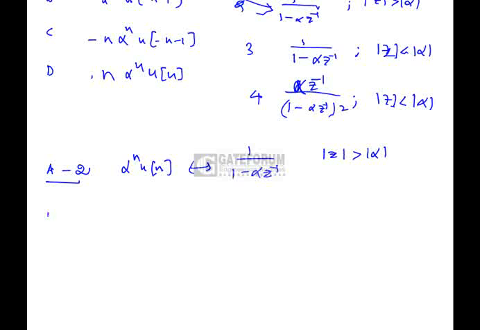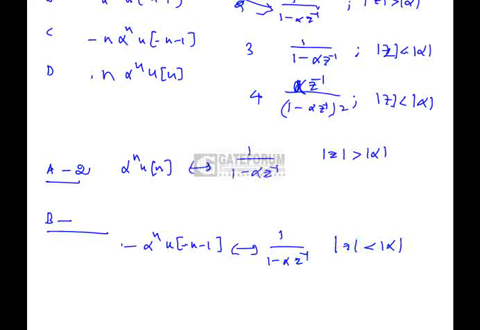Now comes to B. Minus alpha to the n u of minus n minus 1 has the same transform as alpha to the n u of n, except that its ROC is less than alpha, which is B is 3.